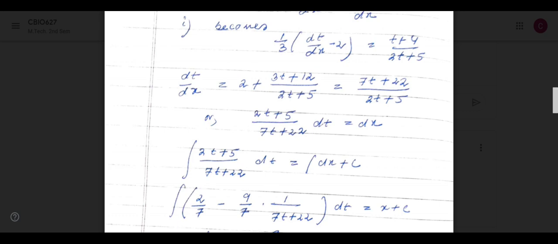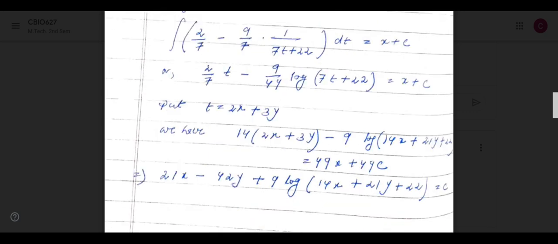In this method, one side t is there, one side x. Now as it is, we have to integrate. Integration you can do in different ways. Finally, you have to substitute t equal to px plus qy. So that will be your required solution.